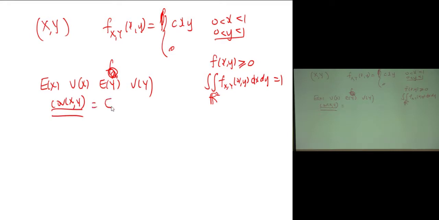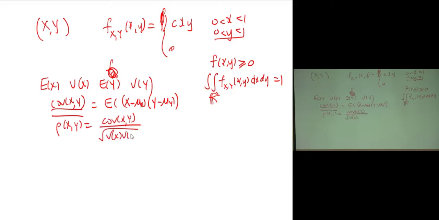This is defined as the expectation of (x minus mu x) times (y minus mu y). This measures how x, y together behave.